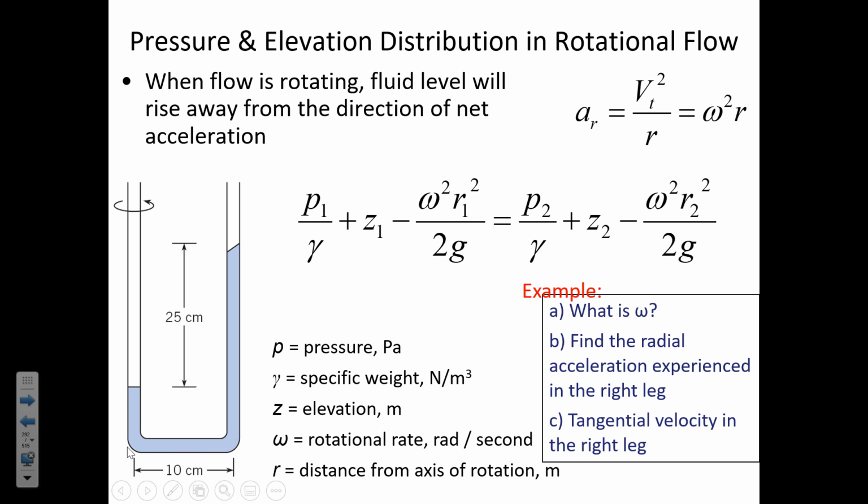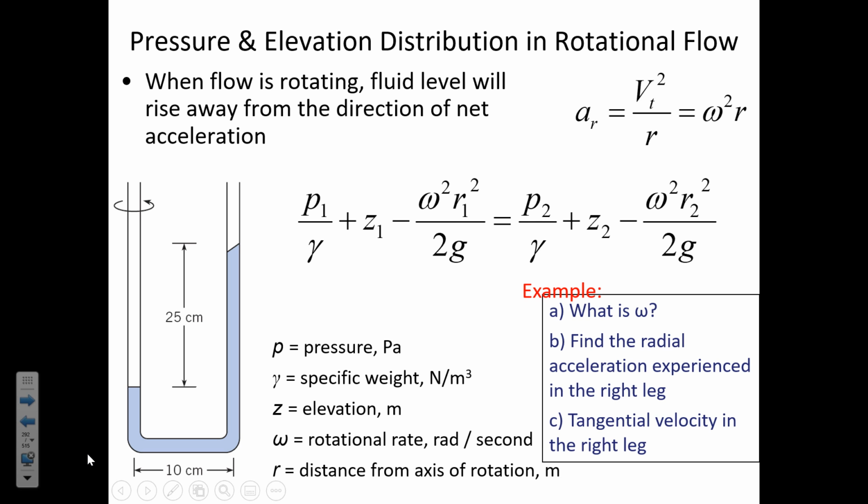So if I knew how far it was from the liquid level to the bottom of the tube, I could have used the bottom of the tube as my datum as long as we use that same reference point for 1 and 2. Or I could have said, let location 2 be Z equals 0, and then that would mean Z1 is negative 0.25 since it's below. But I think it just is most straightforward if we say Z1 is 0 and Z2 is 0.25.